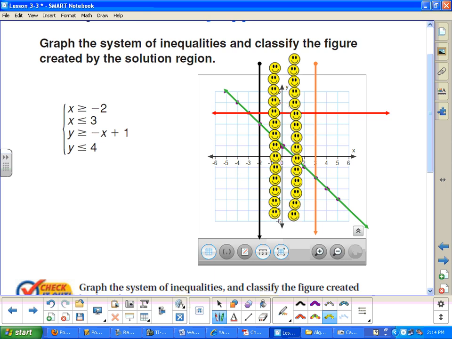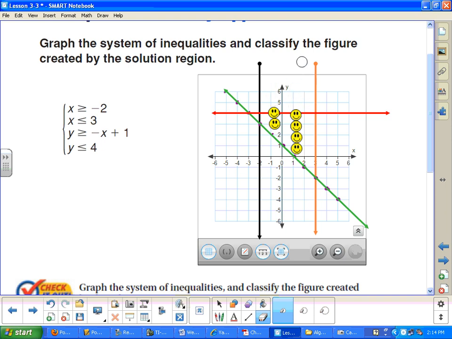Are we above or below the green line then? Above the green line. So if I take my eraser, we're above the green line. And less than or equal to 4 means we're below the red line. So we're below the red line. So we're talking about this area right here then.